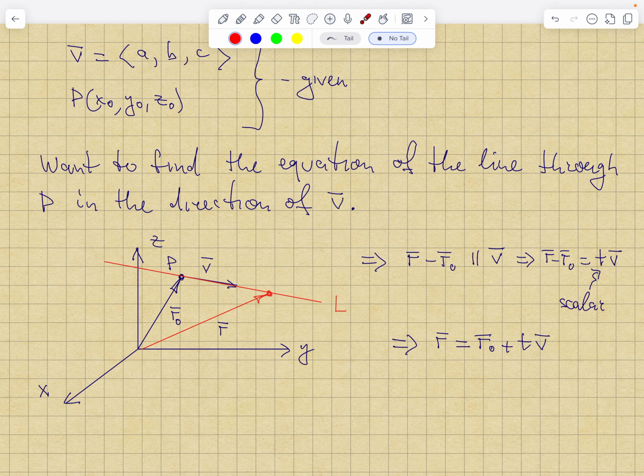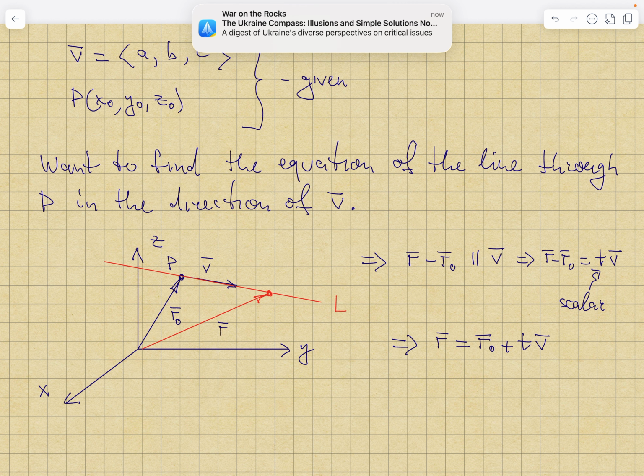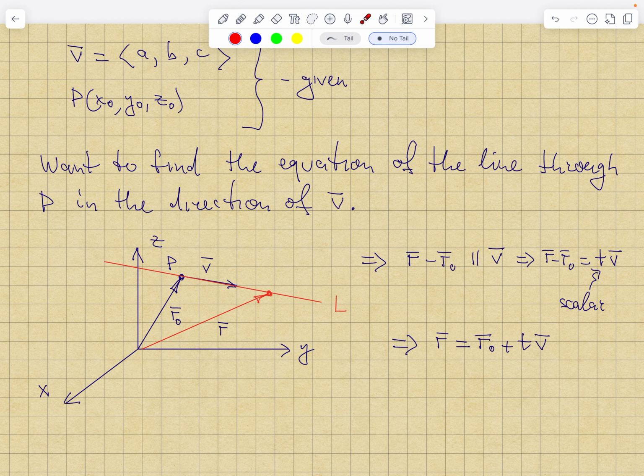So this equation then involves 4 coordinates. One coordinate is time, and the 3 other coordinates will be coordinates of a point in space, with the consequences of that discussed in a moment. So this is called the vector equation of a line.